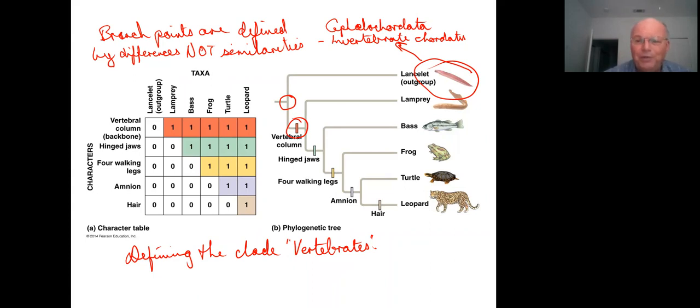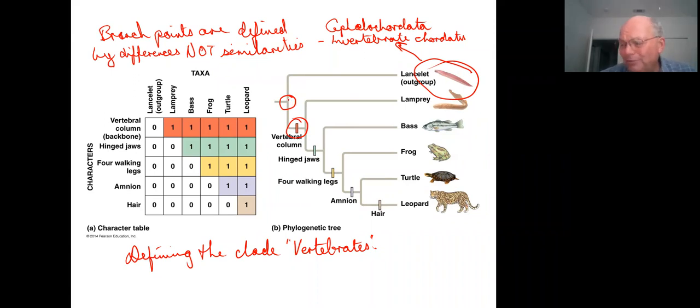That's what the very first phylogenetic trees were all about. But now that we're drawing them on the basis of cladistic analysis, we're not using similarities to define the branch points. We're using differences to define the branch points. So the first branch point in this tree is defined by the presence or absence of the vertebral column.